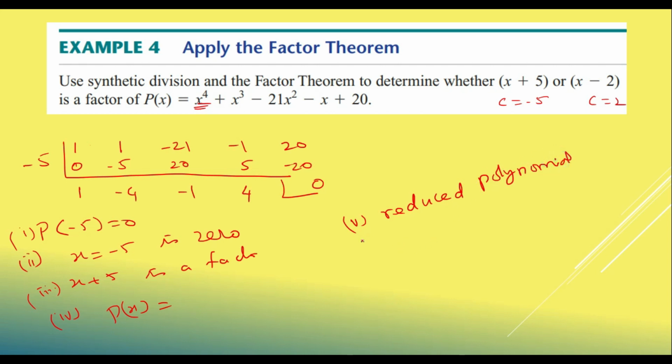The reduced polynomial starts from x power 3: x power 3 minus 4x square minus x plus 4. This is the reduced polynomial. And the original function P of X can be expressed as x cube minus 4x square minus x plus 4 times x plus 5.